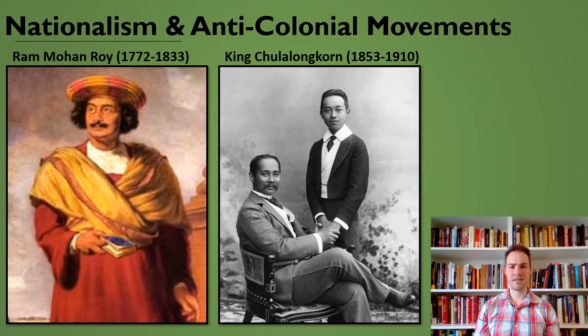This is not to say that everybody bought into these ideas. There's tons of examples of resistance to it, particularly from the colonial world. And your book does a pretty good job pointing out some of these. So you might look at Ram Mohan Roy, or you might look at King Chulalongkorn, from India and Thailand, respectively.